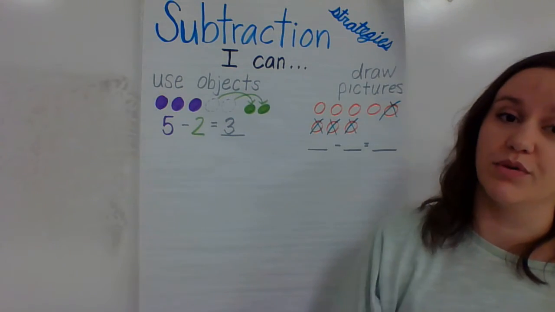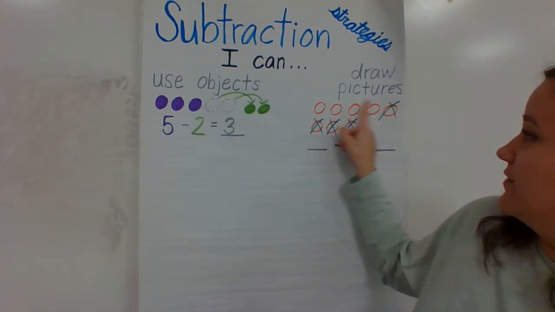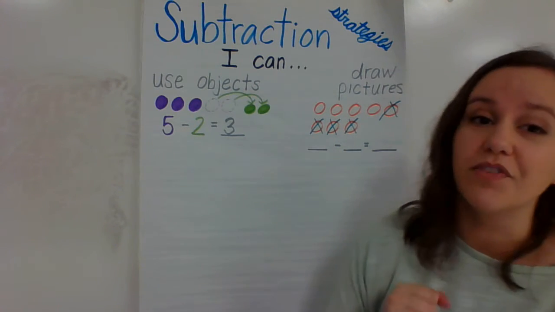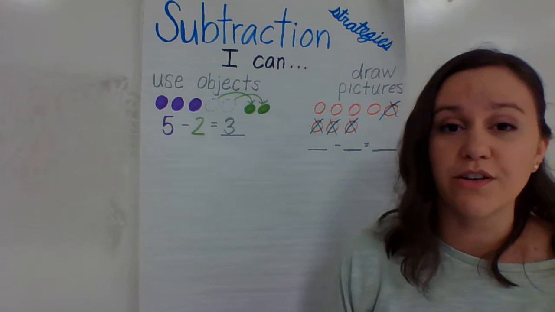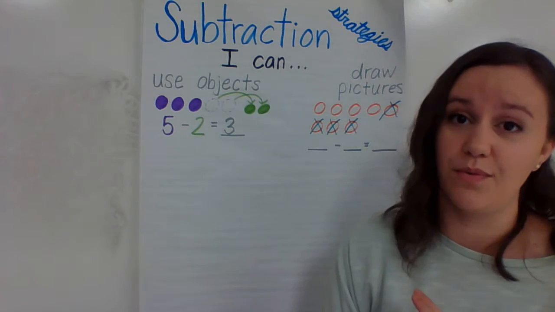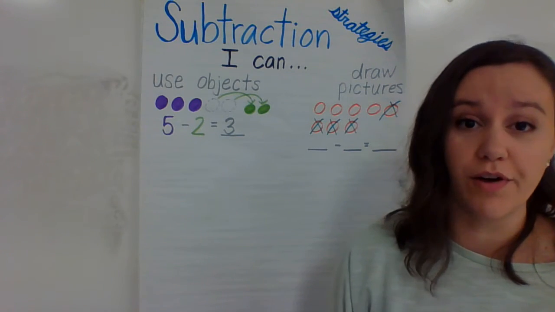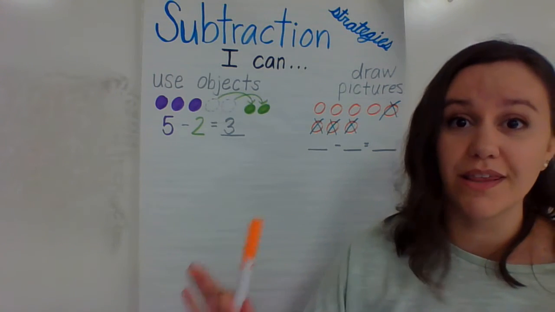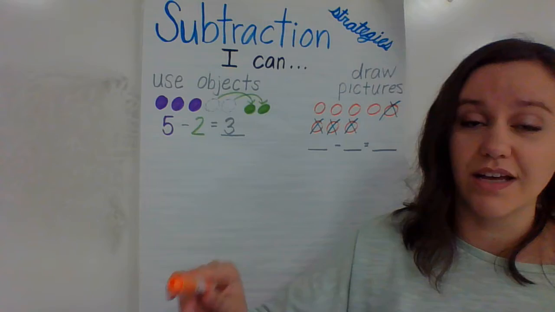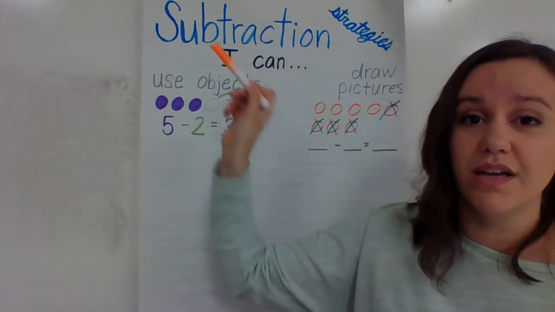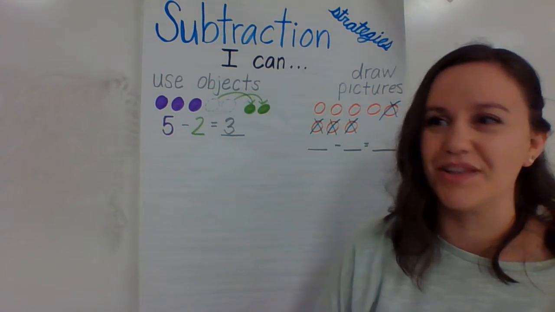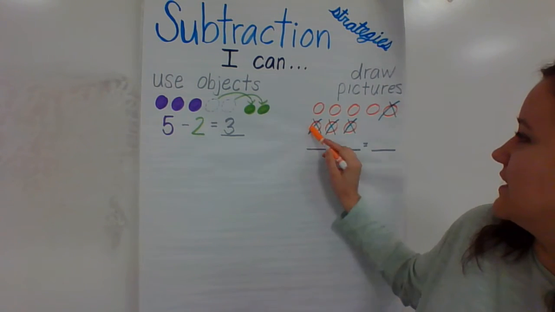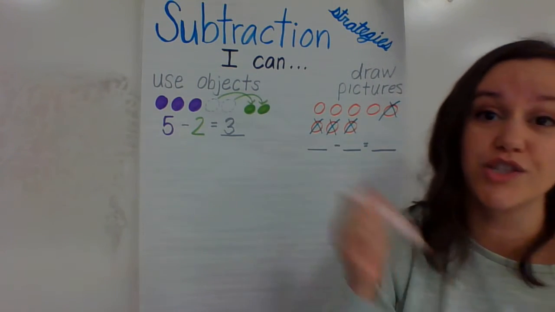Remember, the greatest number is what goes first. So I have all these orange circles, and then I have some of them crossed out. Well, the ones that are crossed out are the ones that I've taken away. So we need to start with the greatest number. So we need to start with how many orange circles I started with, how many there are all together. That's going to be my very first number in a subtraction problem, because I have to start with the greatest number. So I have 1, 2, 3, 4, 5, 6, 7, 8. So I started with 8.